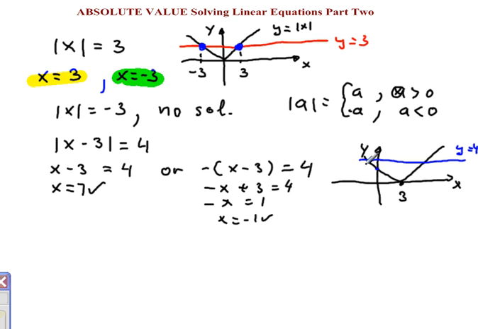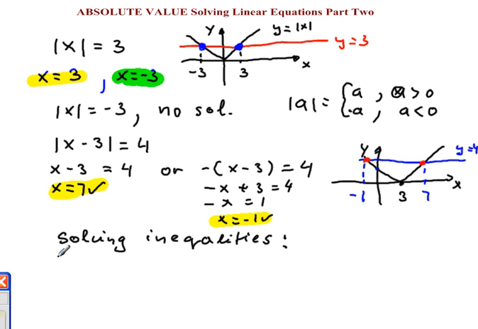So one solution will be negative and the other will be positive. This is the negative root and this is the positive root. If the sketch was done to scale with proper units, you will see that this is negative 1 and this is 7. So the roots are negative 1 and 7.